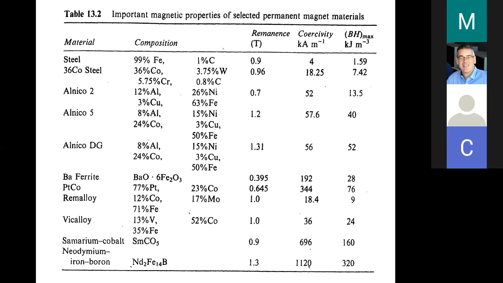And so for the rest of class today, we'll take a look at some interesting research topics that employ lanthanide ions and probe their magnetic properties.